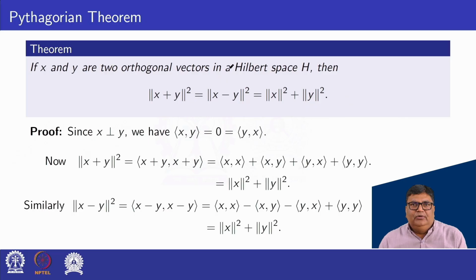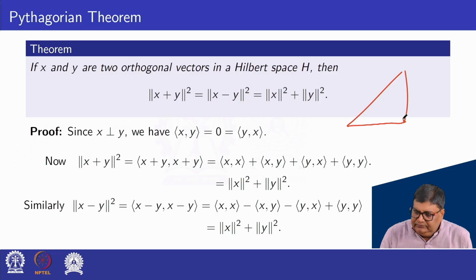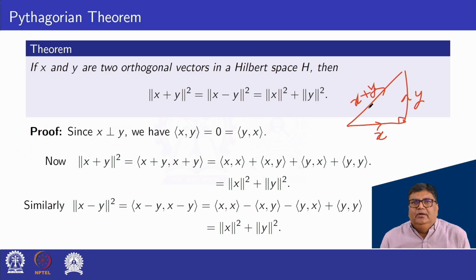This is the Pythagorean theorem. We know that in a right angle triangle, suppose this is the vector x and this is the vector y. So this is the vector x plus y.